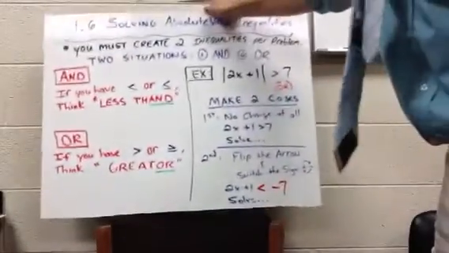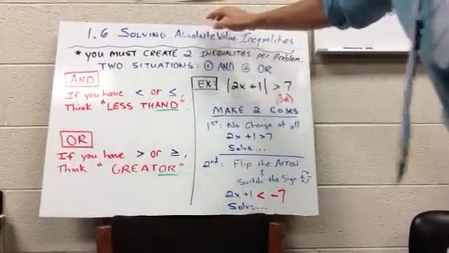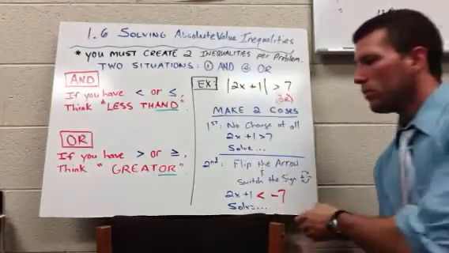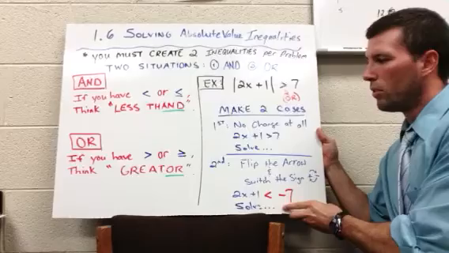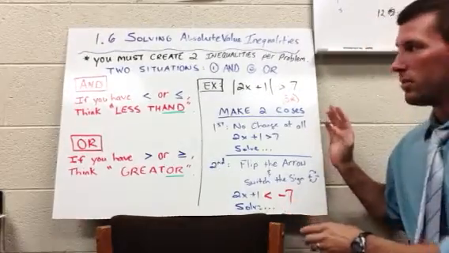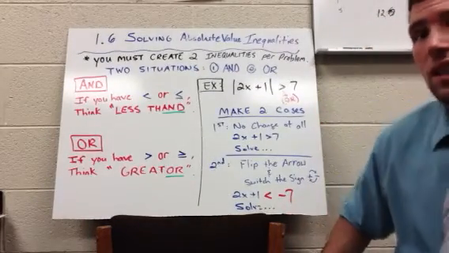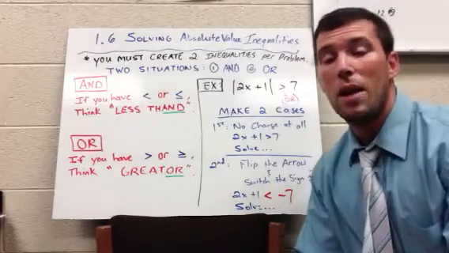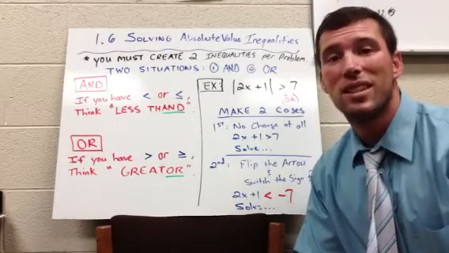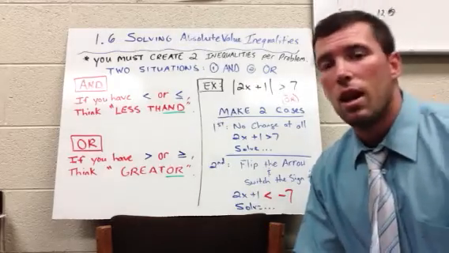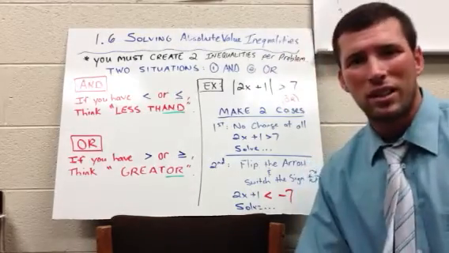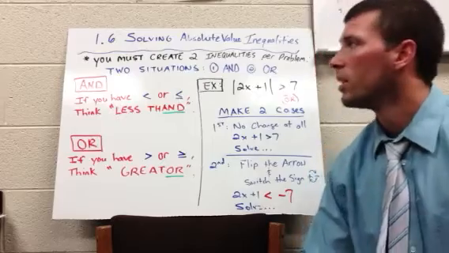So we're going to change gears here, and we're going to switch over. We're still going to talk about absolute value, but it's going to be in the sense of inequalities. Okay? So 1.6 uses absolute value in its teaching, but we're going to use it also with inequalities, what we just talked about with equations in our and, or, and the compound situations.